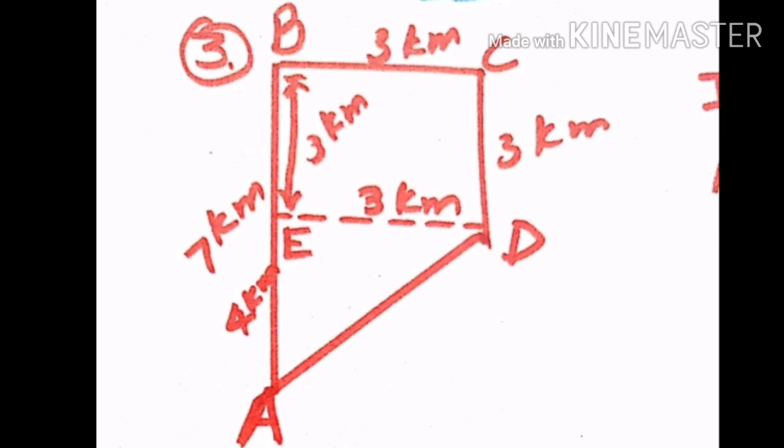You can see in the figure ED. So I get BCDE a square, and in a square all the four sides are equal. So I have written all the four sides 3 kilometers. But AB is 7 kilometers. So out of that BE is 3, we will subtract. So I get my AE value 4 kilometers, as 7 minus 3, 4 kilometers.